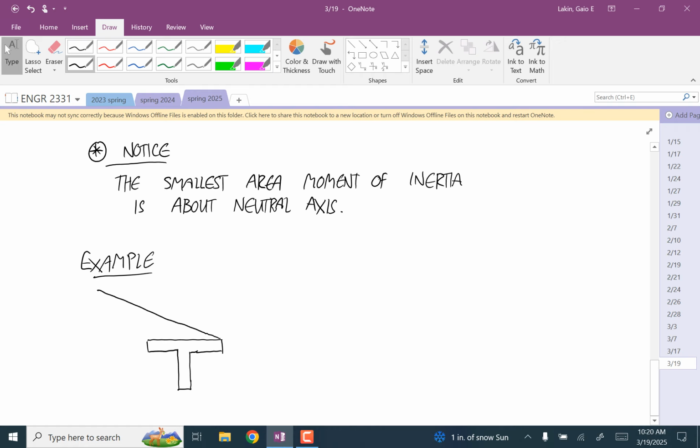The beam is like this. Our coordinate system is the same as it always is, with x going this way, y this way, z this way.